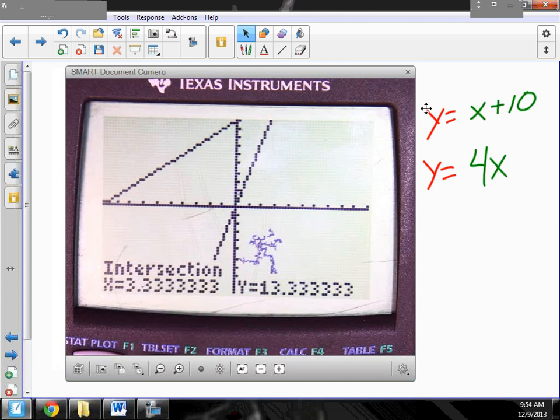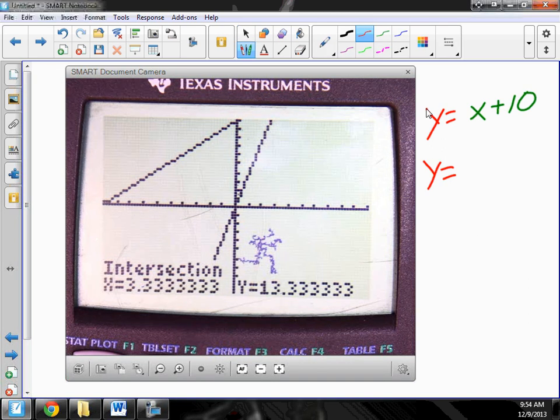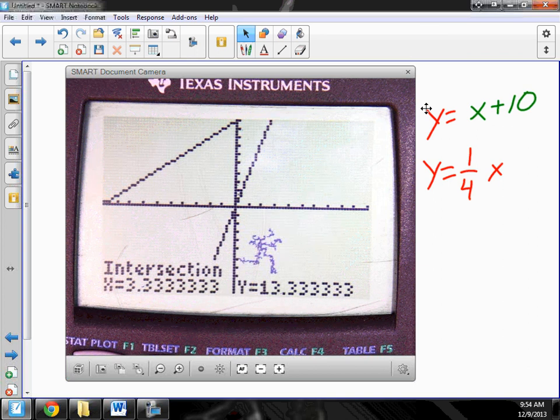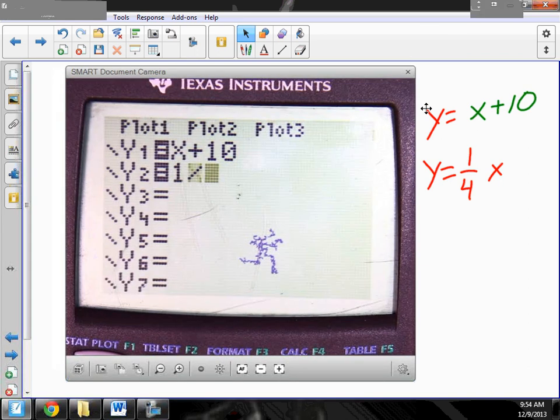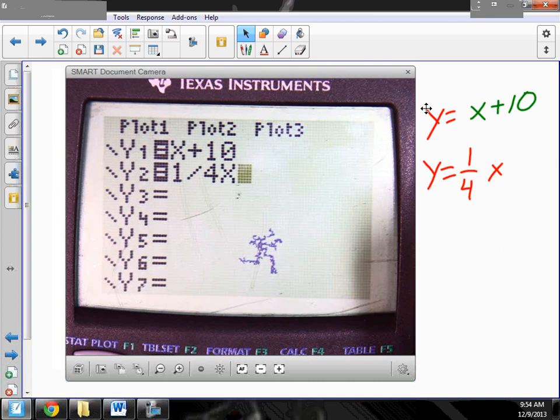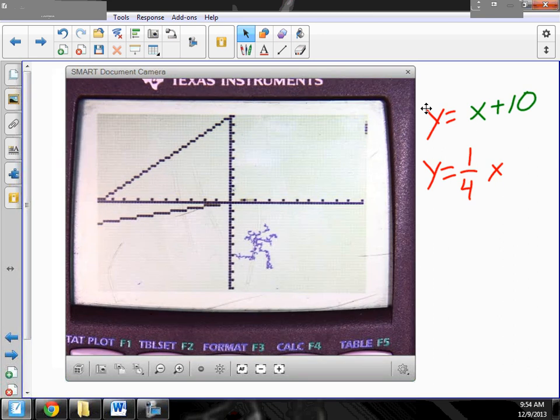Okay. All right. What if I had x plus 10 and we'll say 1 over 4x? So 1/4 x. Now the answer's off the screen.